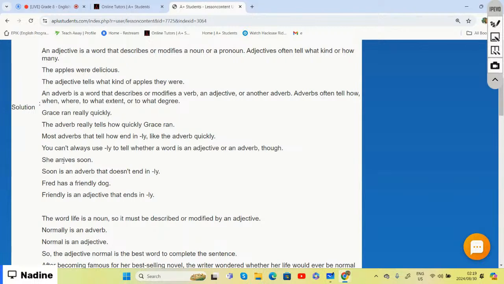And not all words that end in ly are adverbs, because words that end in ly can also be adjectives. Like when we describe the friendly dog, or when we describe the dog as being friendly, what kind of dog? A friendly dog. And that is not an adverb, it's an adjective.